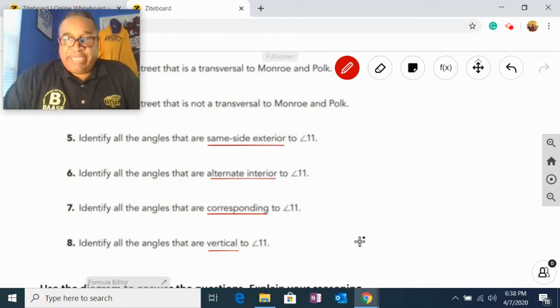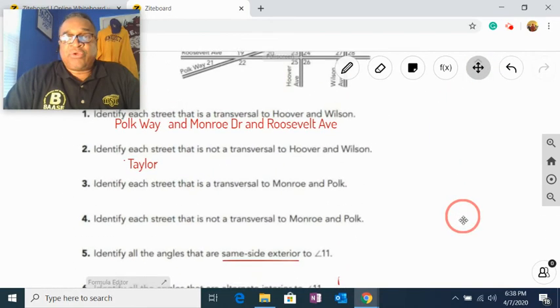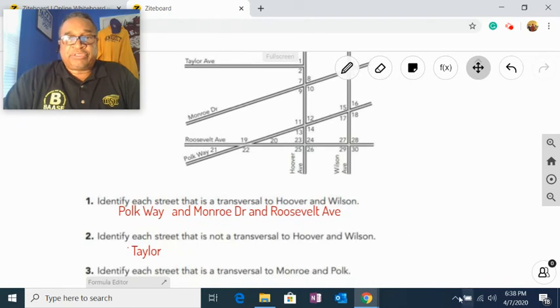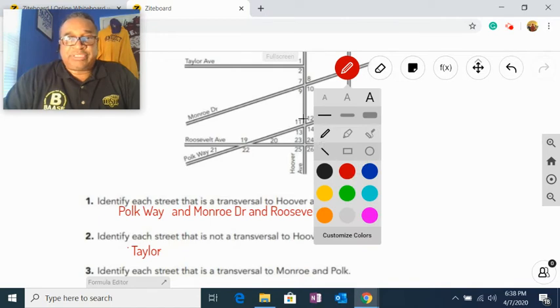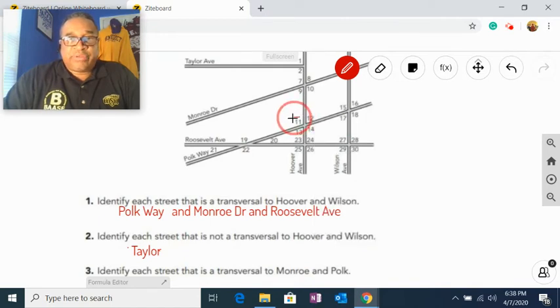What would they be in relationship to angle 11? In relationship to angle 11 up here. And here's angle 11 here. Let's put a circle on angle 11 so you'll be able to see that as well.